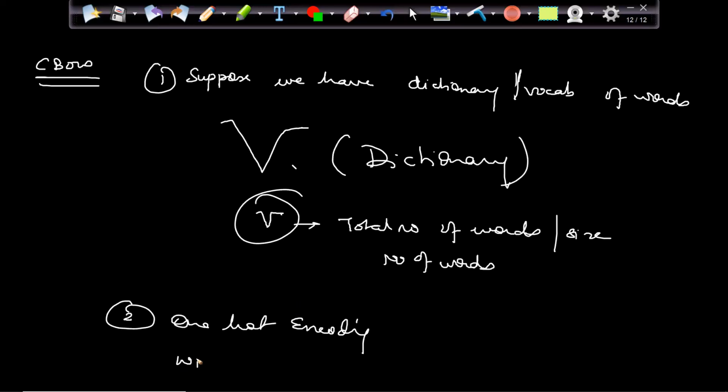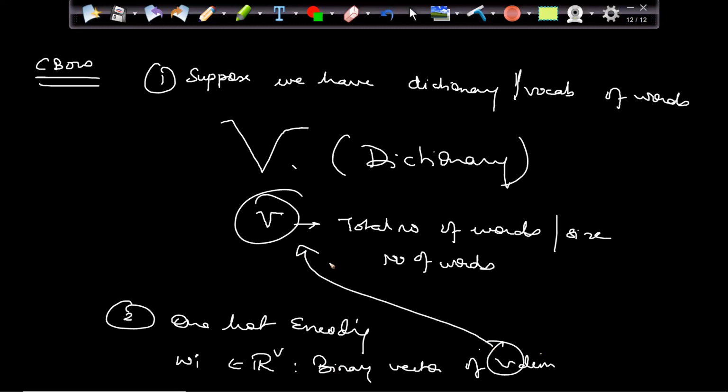So I have a word wi which belongs to the real valued v dimension, which is nothing but a binary vector of v dimension, because I have v number of words. That is my second step.